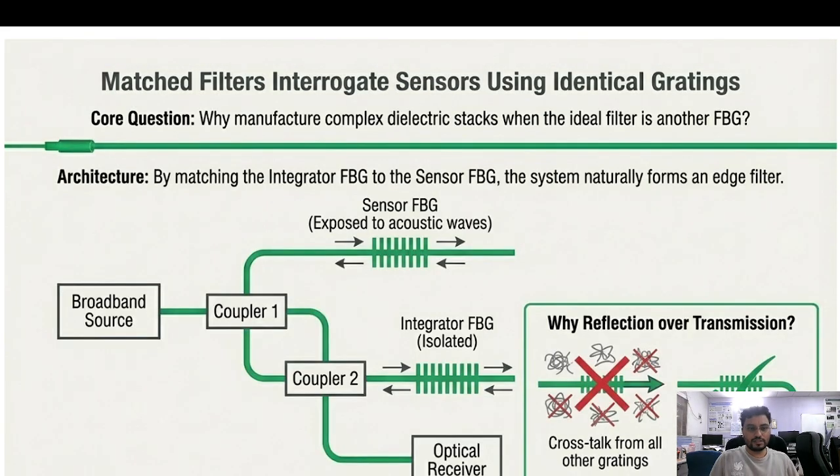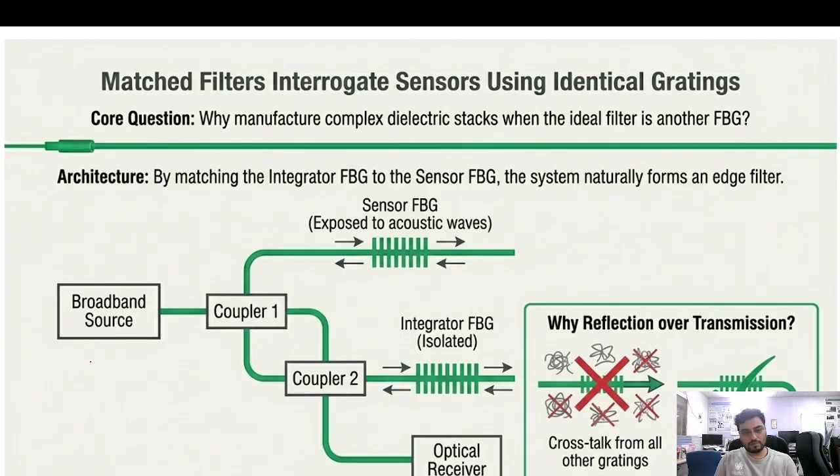Next thing is matched filters interrogate sensors using identical gratings. Core question: why manufacture a complex dielectric stack when the ideal filter is another FBG? Architecture: by matching the interrogator FBG to the sensor FBG, the system naturally forms an edge filter.